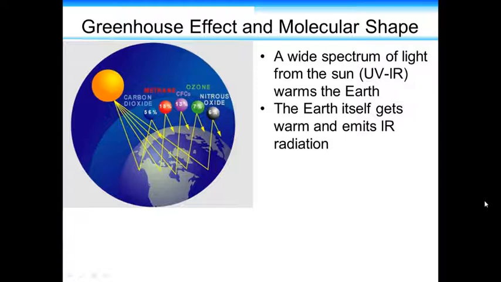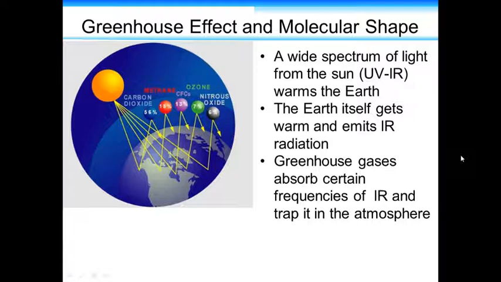When it re-emits, it emits in the IR frequency. Greenhouse gases then absorb certain IR frequencies. When they absorb those frequencies of infrared radiation, they're keeping it in our atmosphere. And that heat and that electromagnetic radiation does not escape.